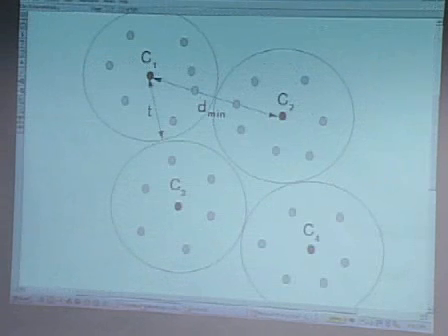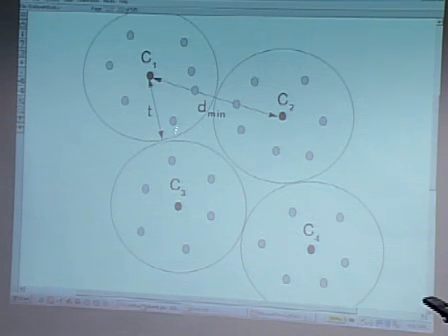We can interpret each code word as being inside a sphere of a certain size, let's call it t. So this would be one code word, C1, C2, C3, C4. And these smaller dots that are not black, that are gray, indicate received vectors that are not code words.